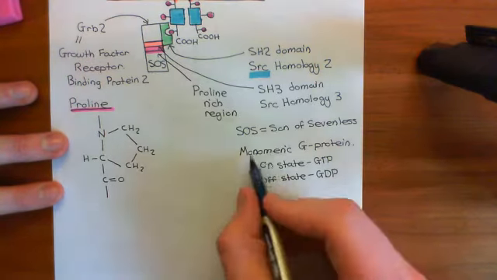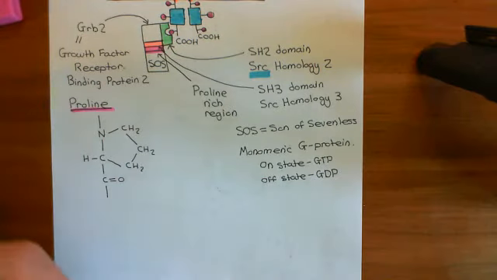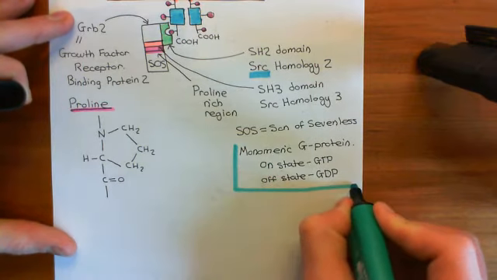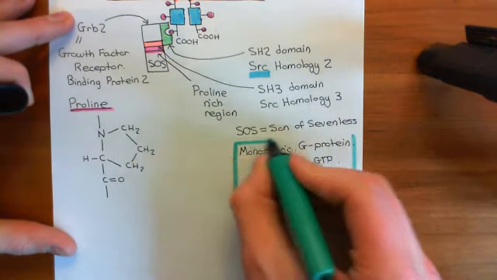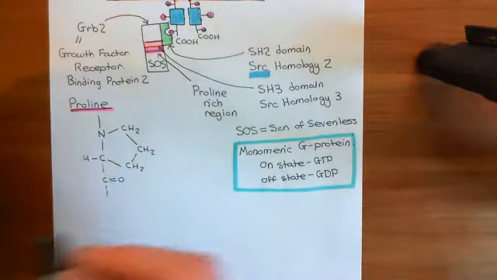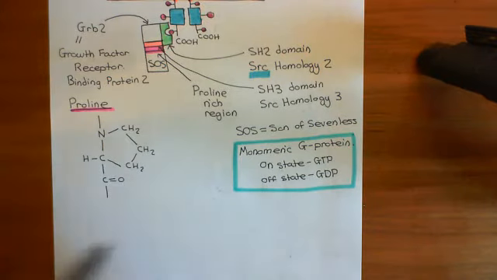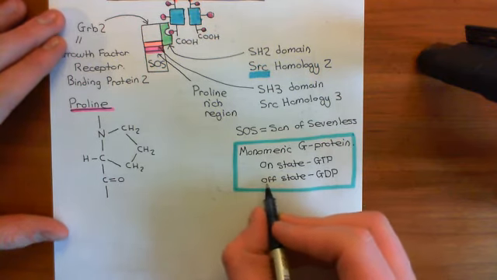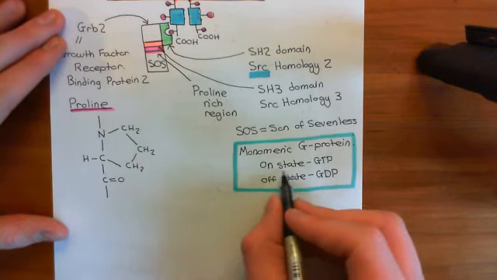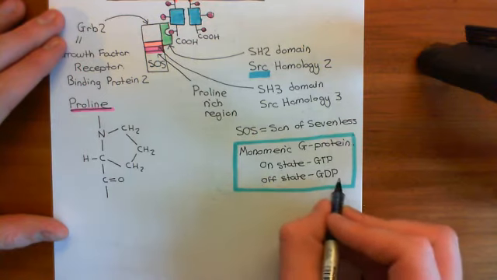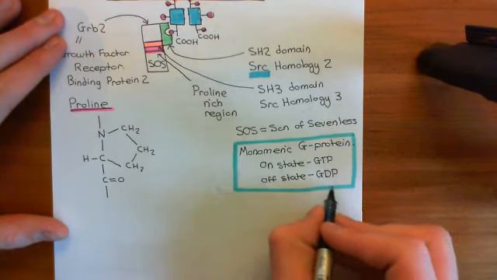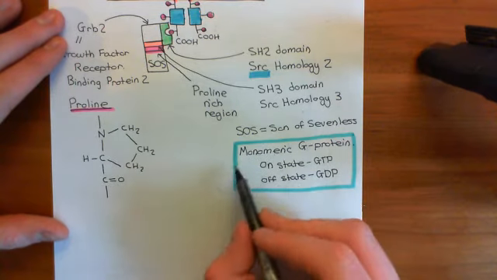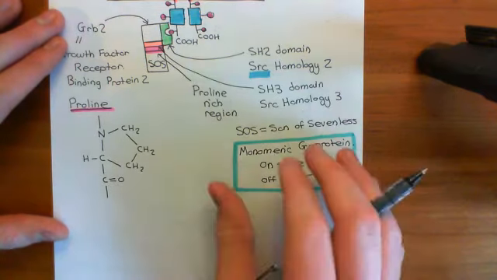But the principle of monomeric G proteins is actually simpler. Monomeric G proteins have this on state where they have guanosine triphosphate bound to them, and this off state where they have guanosine diphosphate bound to them. The difference is that the alpha subunit of heterotrimeric G proteins, when in the off state, binds to a beta gamma subunit as well. But it's simpler in the case of monomeric G proteins because they don't do that.